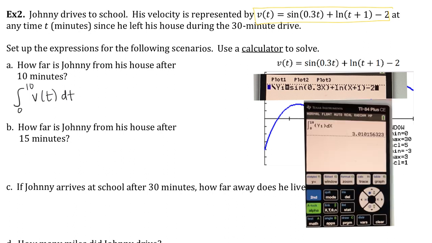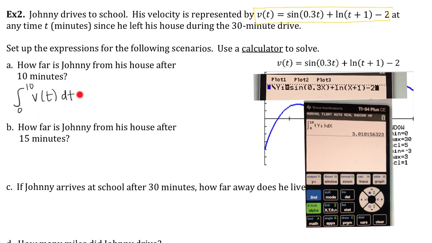Over here, I did math 9 and entered from 0 to 10. I didn't want to retype the function, so I went to the menu where it says VARS, arrowed to the right to Y-VARS, clicked function, picked y1 and hit enter. Now when it says y1, it's calling the function I typed into y1, and I still put dx.